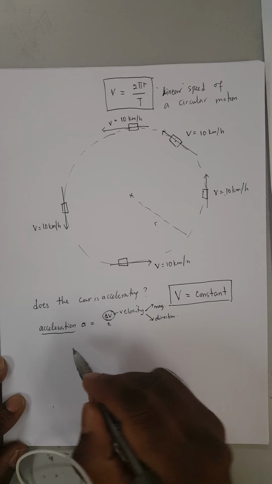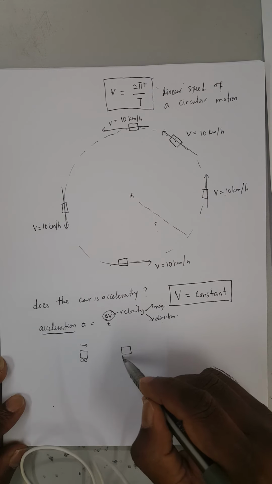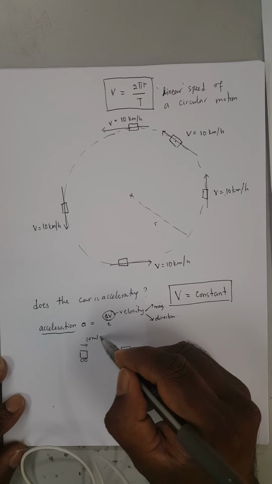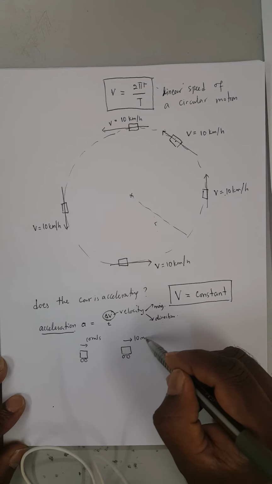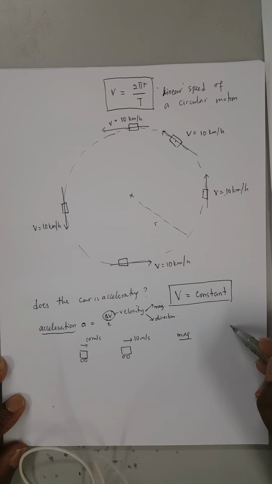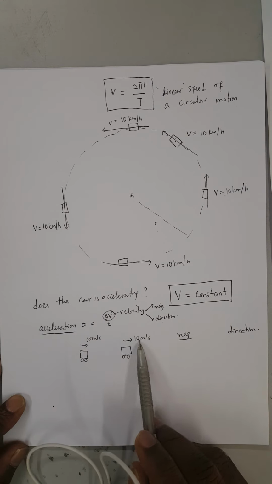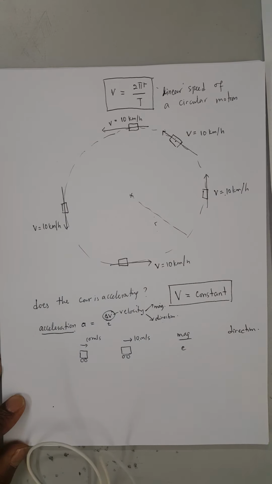For example, in linear speed, let's say we have a car here, and this car is moving at 10 meters per second until it has reached 10 meters per second. If you look at the magnitude and direction, the magnitude is 10, so it's constant.